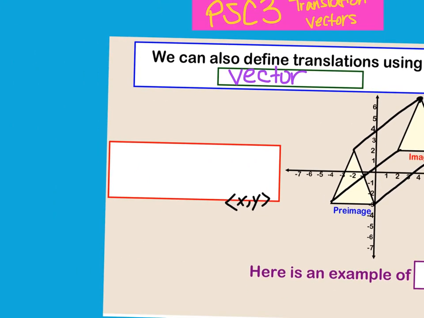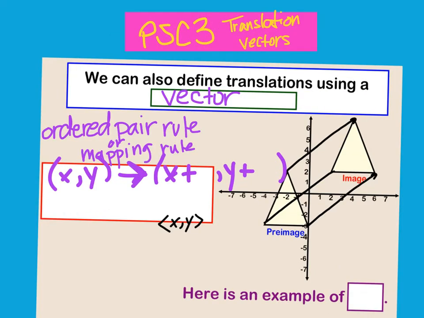If the ordered pair rule takes the point x, y, and maps it to x plus something, y plus something, this is also called a mapping rule. Let's figure out that mapping rule. It looks like the x value goes from 0 all the way over to 6, so that's going to be x plus 6.